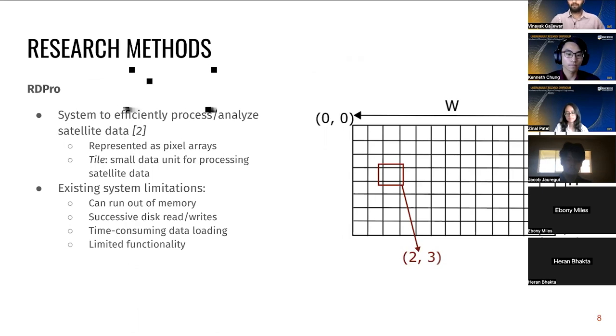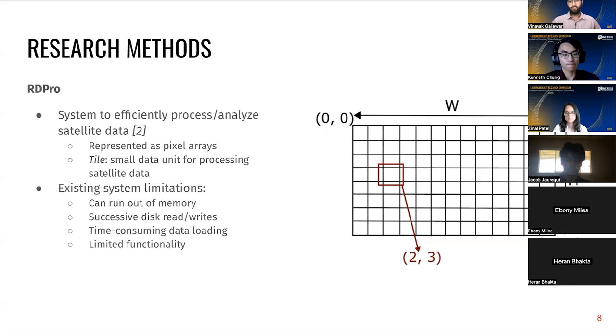My code uses a system called RDPro to work with satellite data in an efficient manner. RDPro represents satellite data in code as multi-dimensional pixel arrays. One really important thing that we're doing is chunking data into tiles, which are just smaller blocks of pixels. This is important because we can perform computations on individual tiles as opposed to the entire data file.